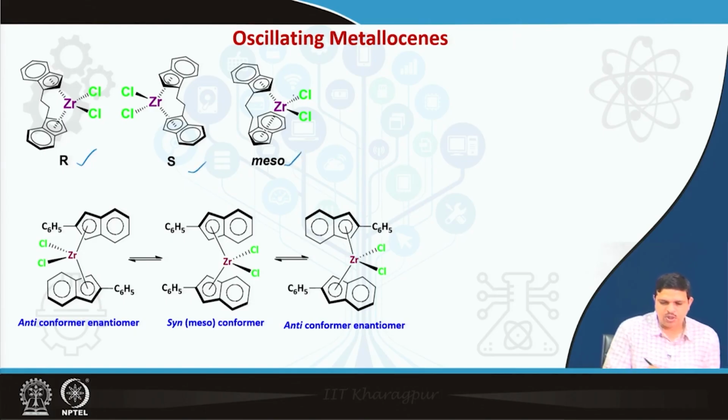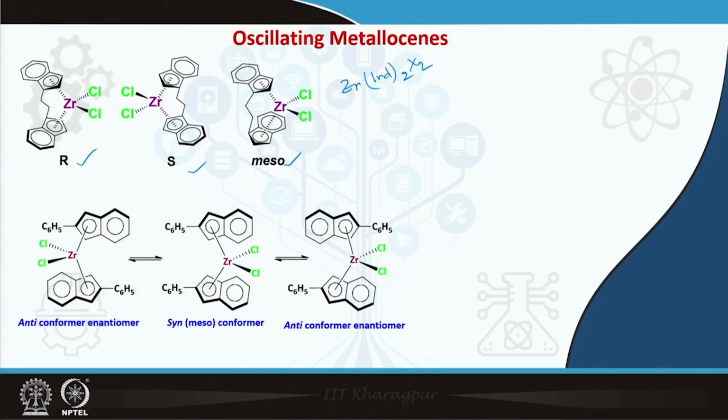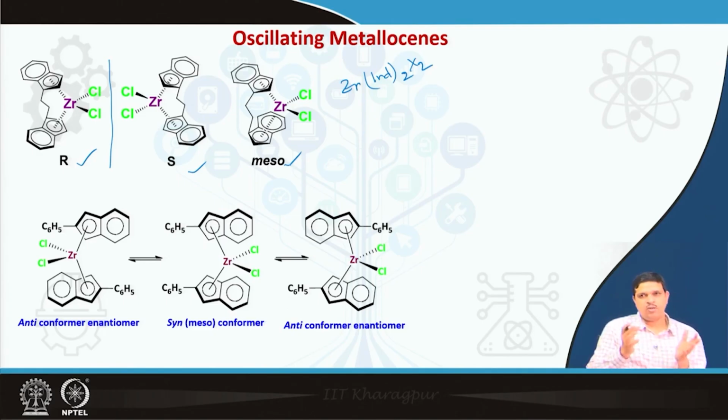So with the same composition of this Zr, bis-indenyl and X2, you will see that it can exist in two conformers. One is the enantiomeric R and S, that is the racemic, and another one is the meso. So R and S, that is the racemic mixture, will give the isotactic polymers, and the other one will give the atactic polymers, that we know now, okay, and we can now explain why we get it.